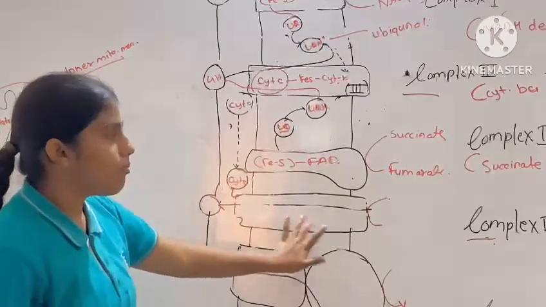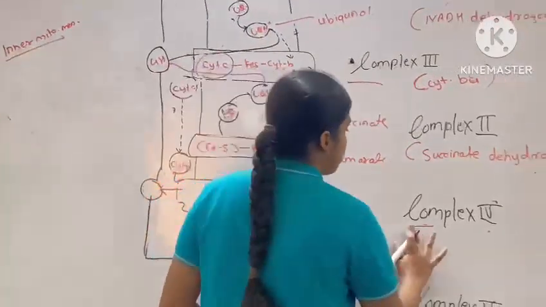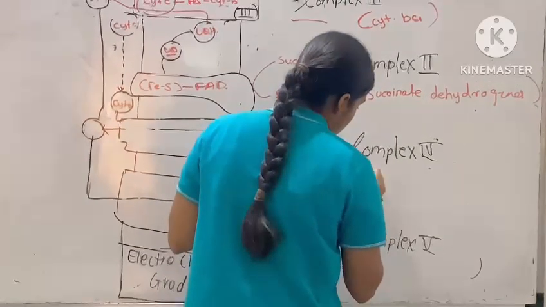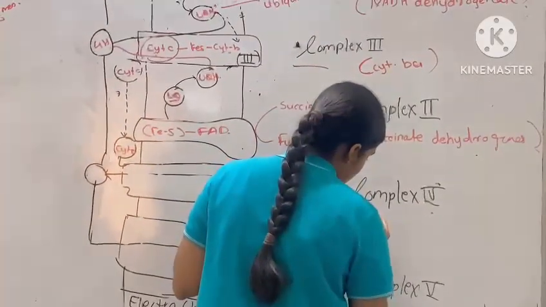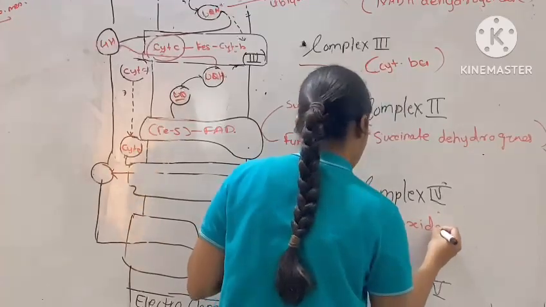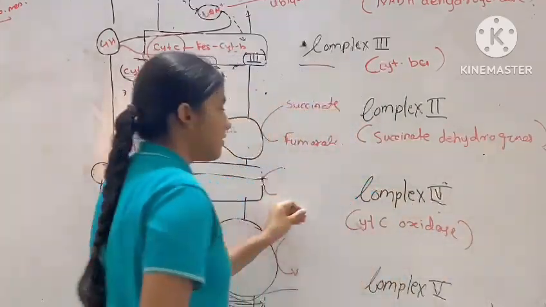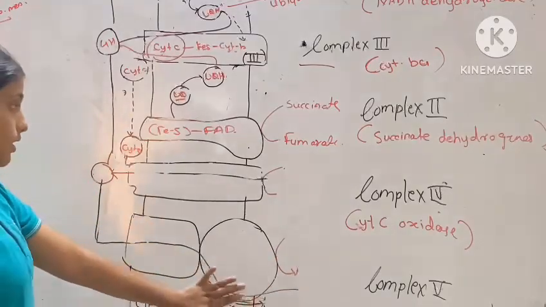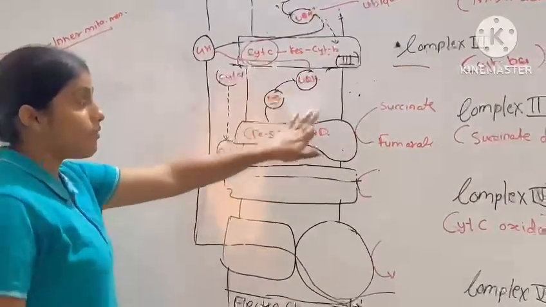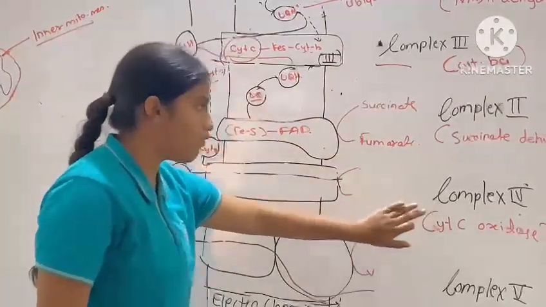After that, there is complex number 4, which is known as cytochrome C oxidase. This carrier, as I said, is a carrier between complex number 3 and complex number 4.